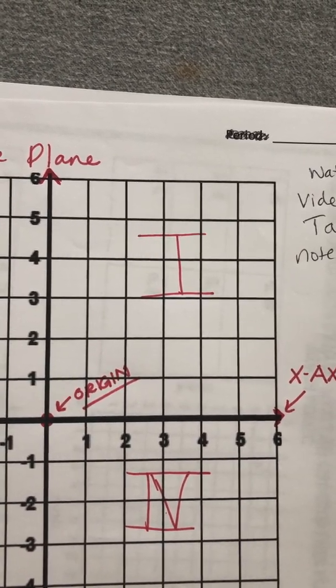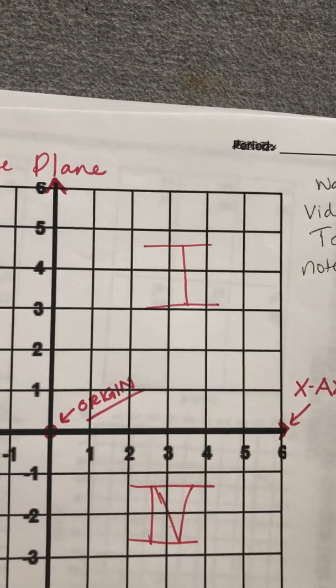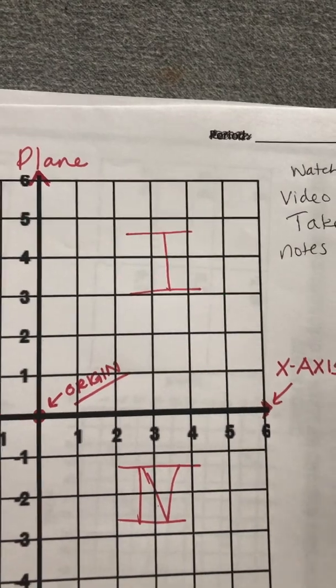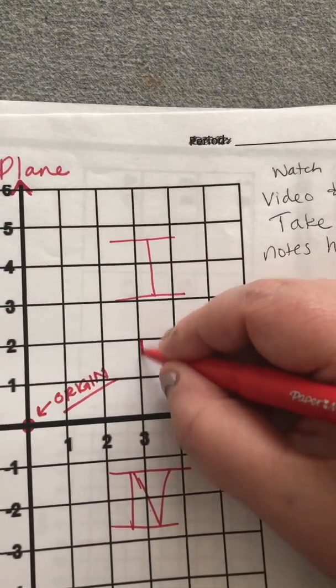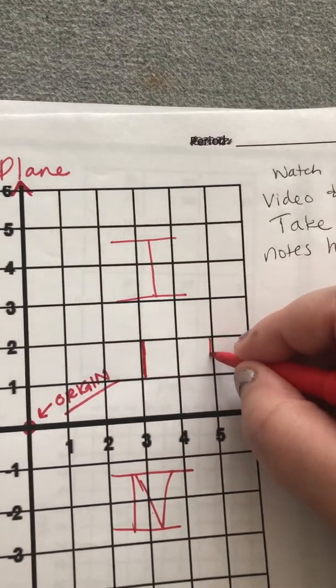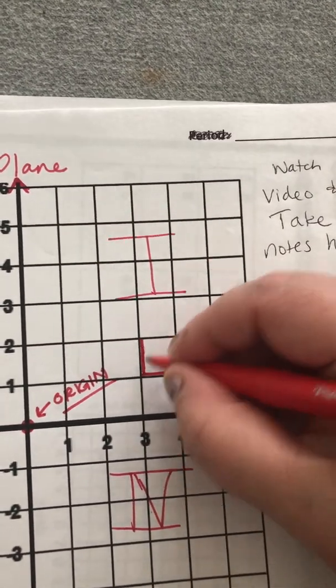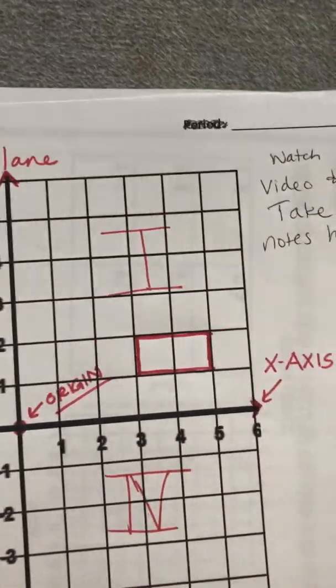Every single place in the quadrant has a label or a name. So let's say I had a little rectangle here. My rectangle takes up this space right here.